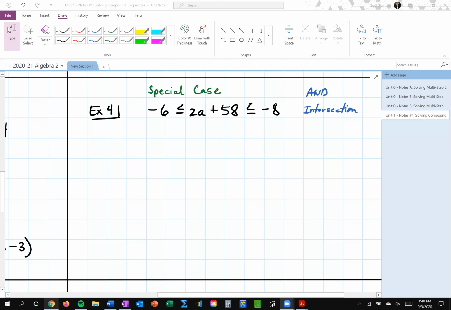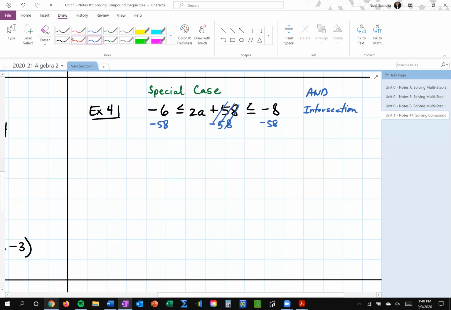We're going to treat this like we did in the previous problems. We're going to try to get this a by itself. Let's go ahead and do that. First step would be to get rid of 58. By doing so, we have to subtract it from all three sides. So we subtract 58 from all three sides.